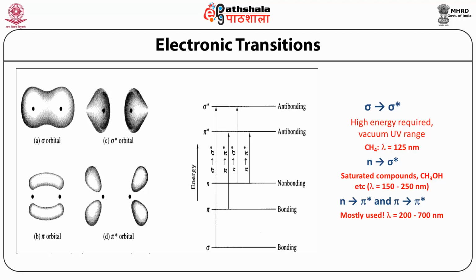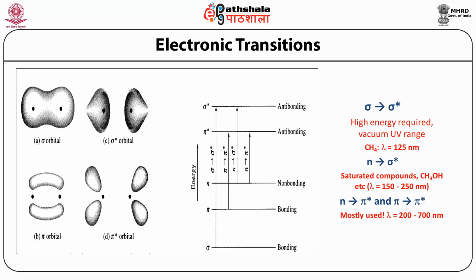n to pi star and pi to pi star transition. Most absorption spectroscopy of organic compounds is based on transition of n or pi electrons to the pi star state. This is because the absorption peaks for these transitions fall in an experimentally convenient region of the spectrum, 200 to 700 nanometer.